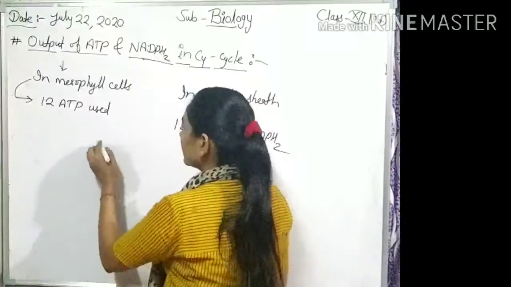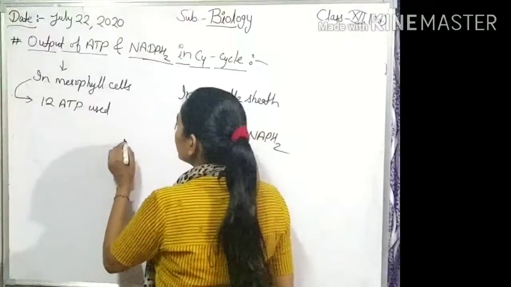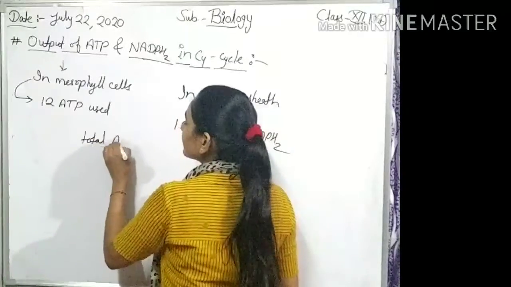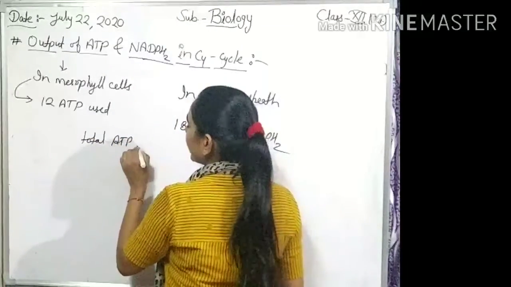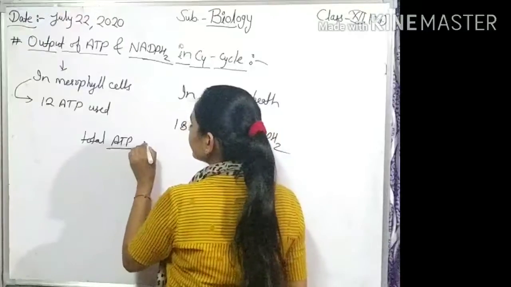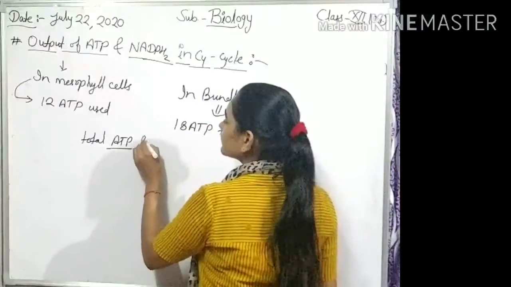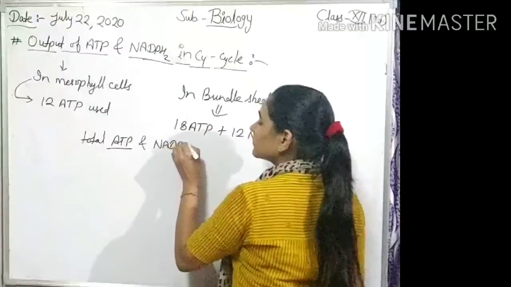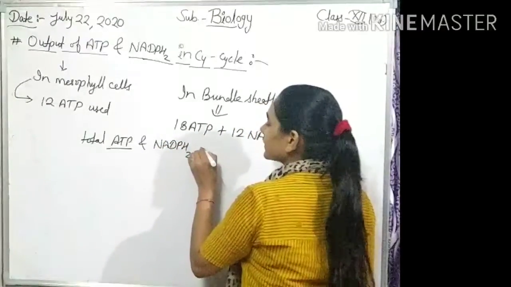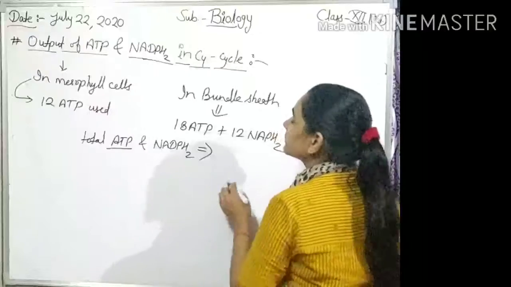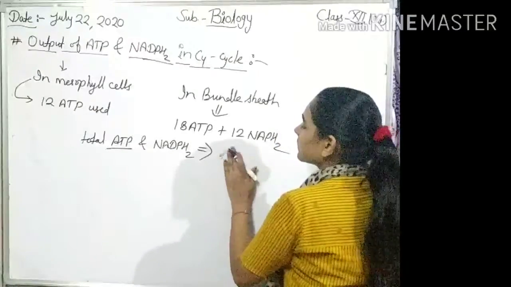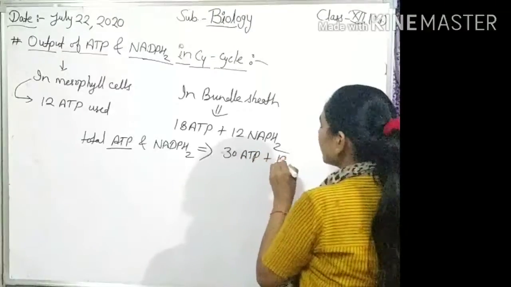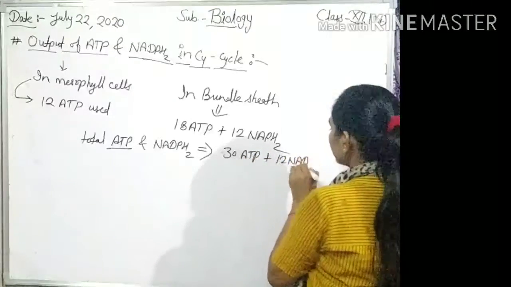So the total ATP molecules and NADPH2 in the C4 cycle are 30 ATP plus 12 NADPH2.